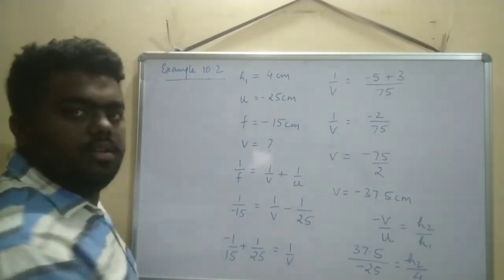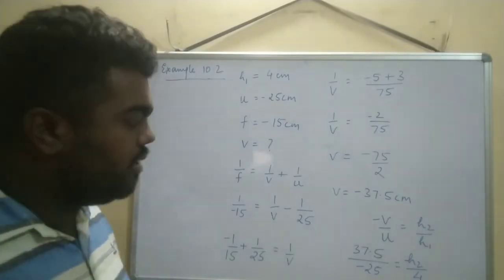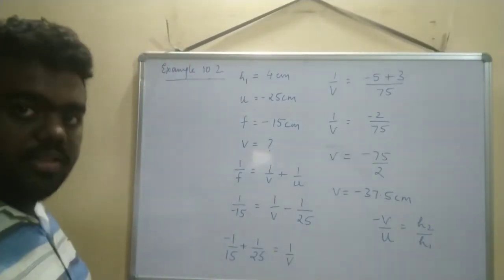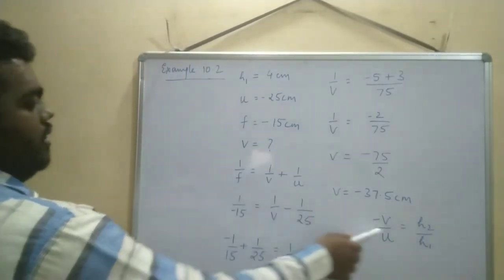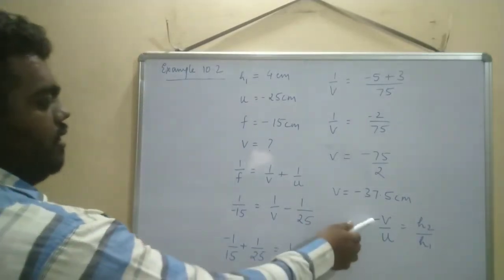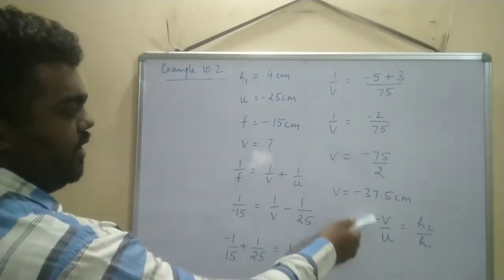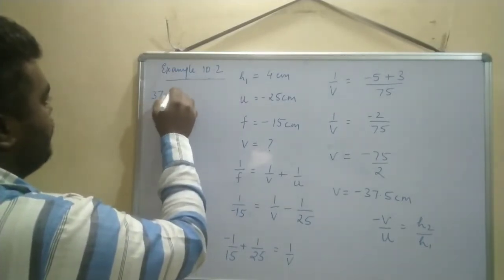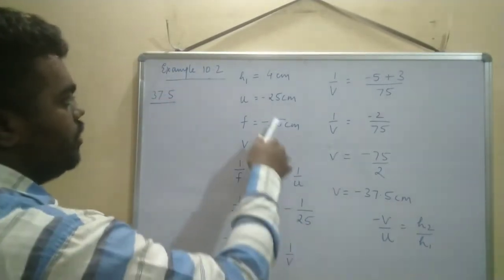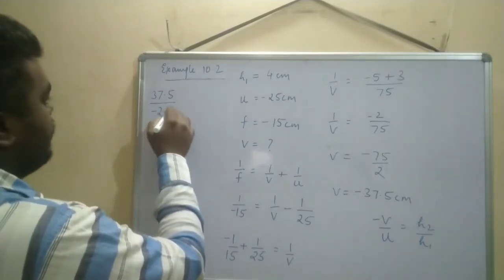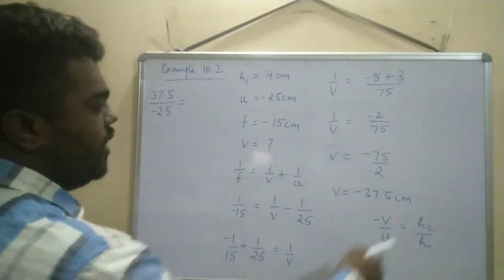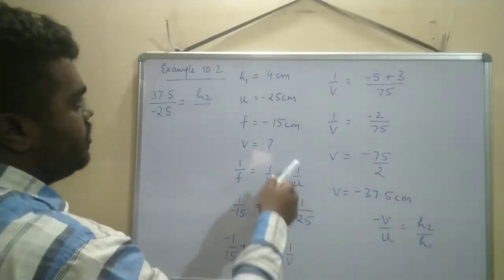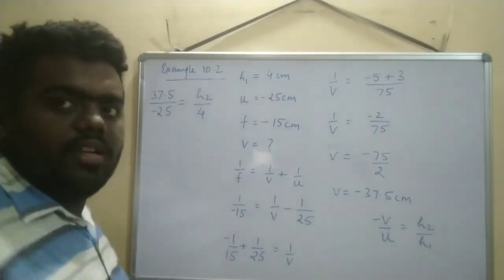Now it is not visible, so I am rubbing it and writing it here. This minus and this minus will get cancelled. Now the value is 37.5 by u, u is minus 25, equal to h2, which we need to calculate, and h1 is 4.